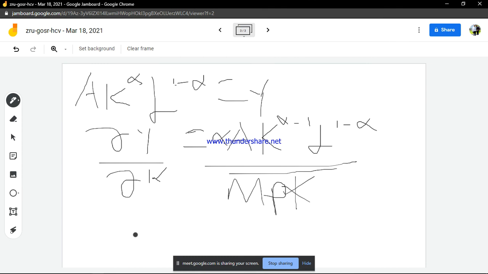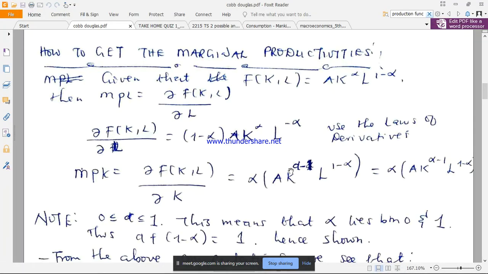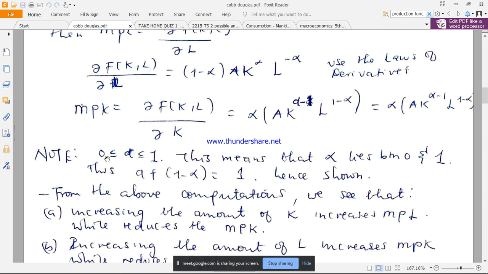Yes. Okay. Thank you. So this is what I have here, where I'm saying alpha, open brackets, A capital K raised to alpha minus 1, then labor 1 minus alpha, which is just that. Please take note that this thing called alpha lies between 0 and 1. Alpha is any number between 0 and 1.